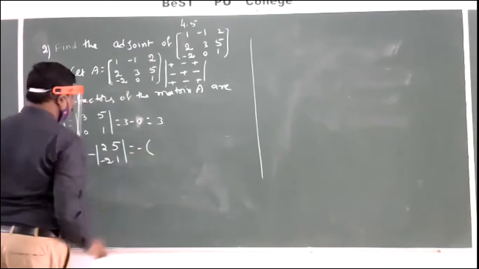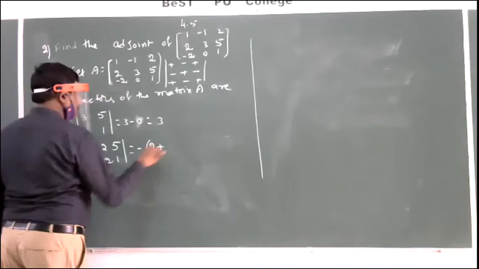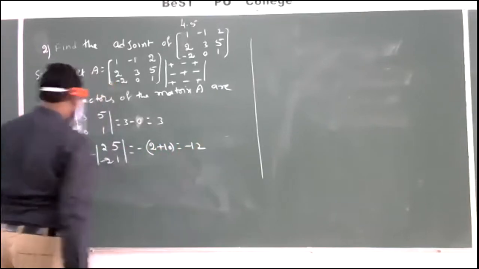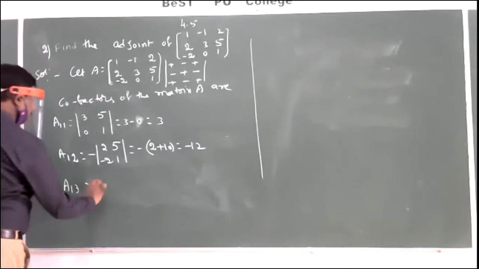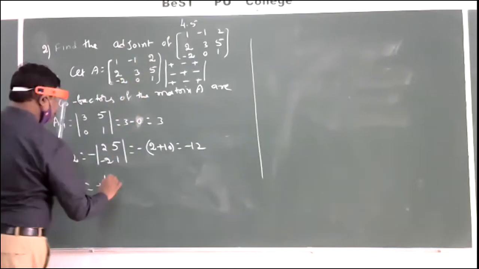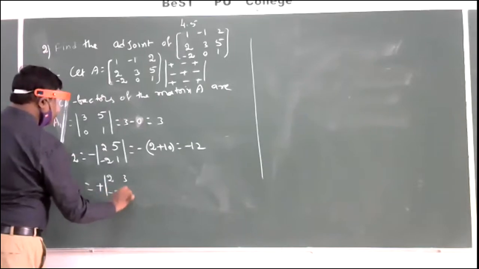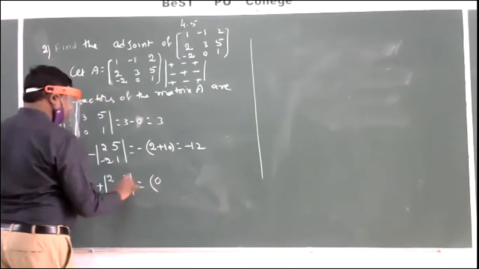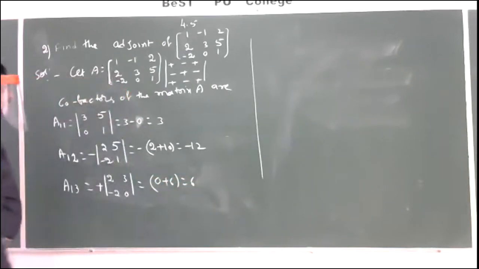This is equal to minus of 2 plus 10, that is minus 12. A13, plus, leaving this row and column, [2, 3; minus 2, 0], 0 plus 6, that equals 6.